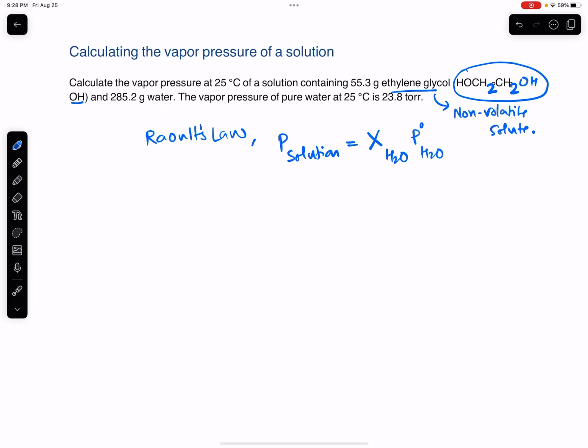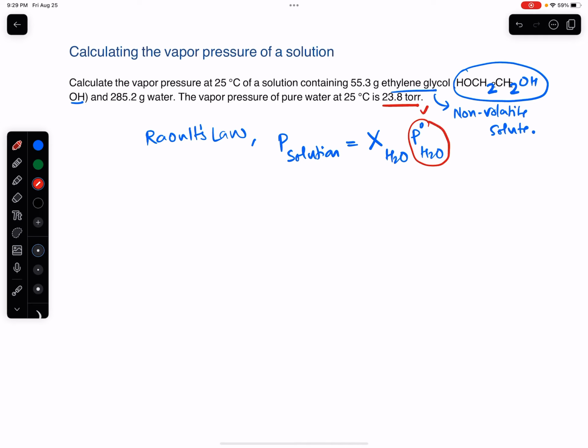So let's call that P naught water. All right, so the vapor pressure of pure water out here, that's actually given to us. So we already know that.